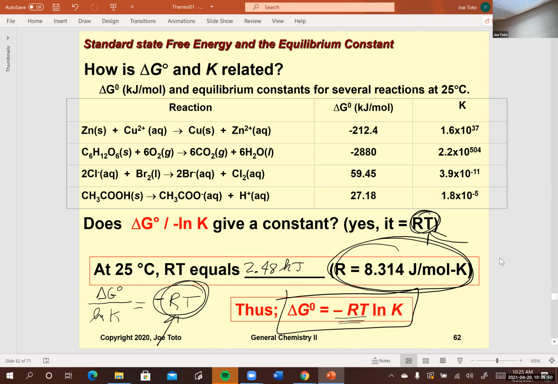Yeah, that's right. Kilojoules per mole, I guess I should put that in there. So there's our proportionality constant for standard temperature.